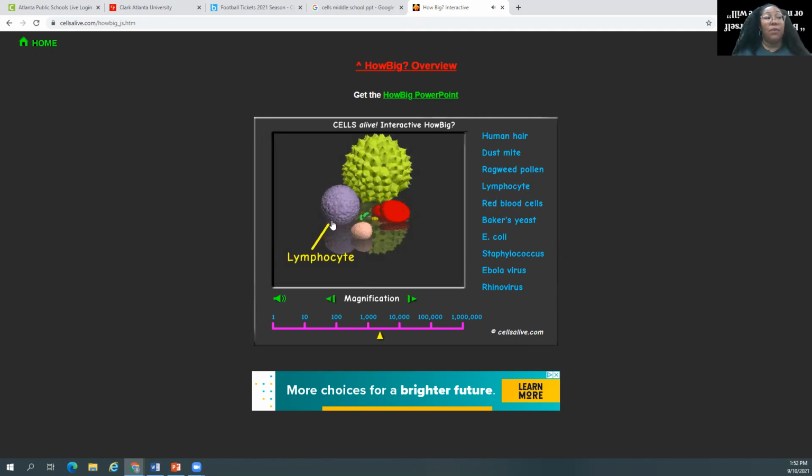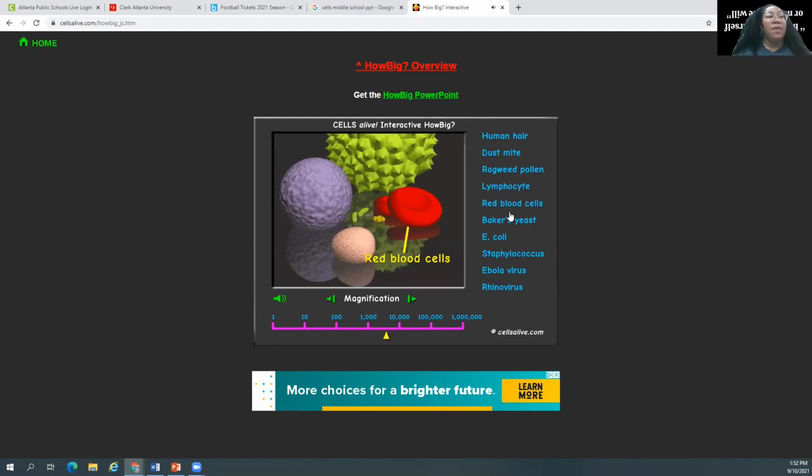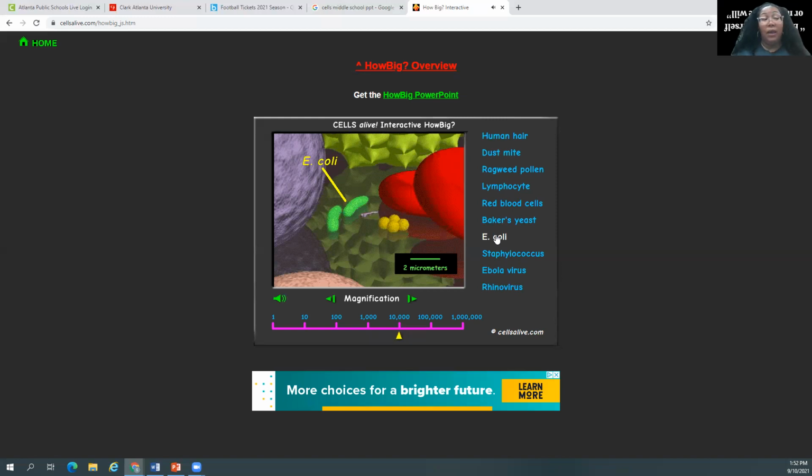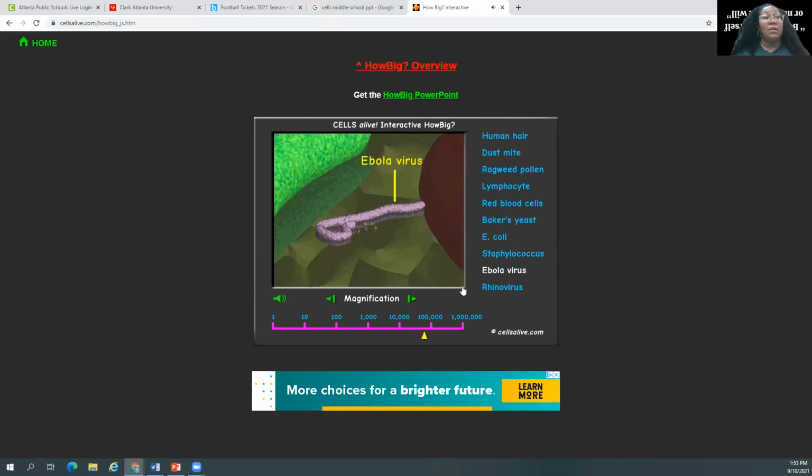This is a lymphocyte, okay? One lymphocyte is made up of many, many cells, okay? So that's how small that is. We look at the red blood cell, and then we look at the Baker's yeast, okay? Well, let's go even deeper, magnifying it even deeper. E. coli. See how small E. coli is? Staphylococcus. Then we have the Ebola virus. Now look how small the Ebola virus is. That one virus is made up of many, many cells, okay?